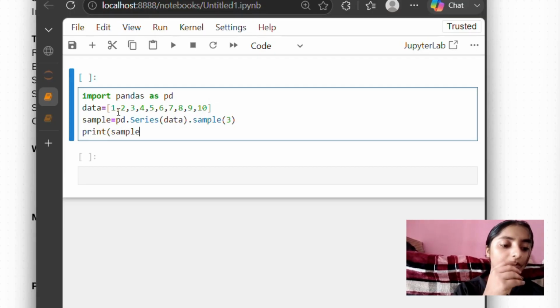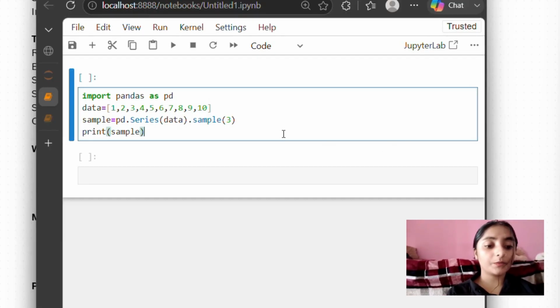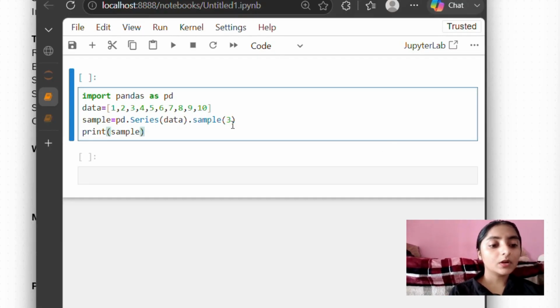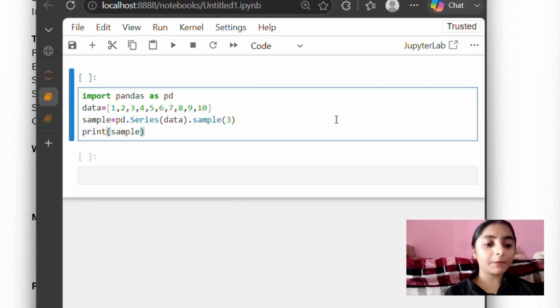In line 1 we are importing the pandas library, which helps us work with the data. Here we are creating a data set containing 10 values. Then the code: sample equals pd.Series of data.sample(3). Here we are converting the list into a pandas Series, and randomly selecting 3 values.